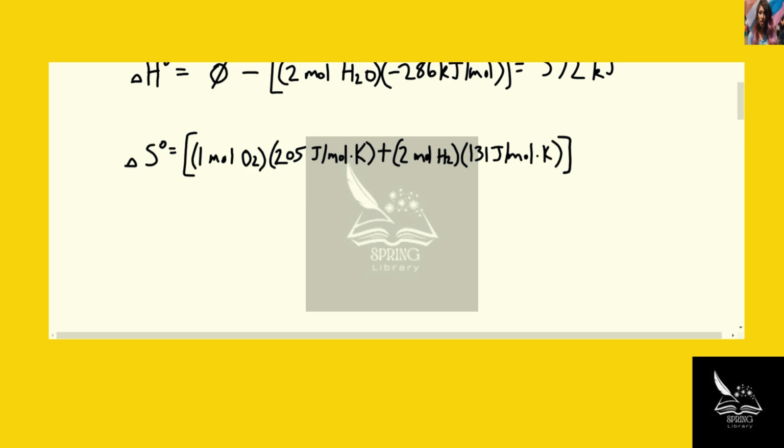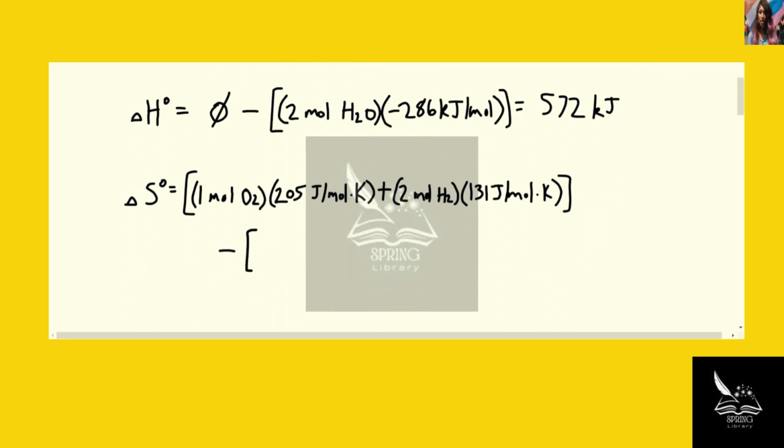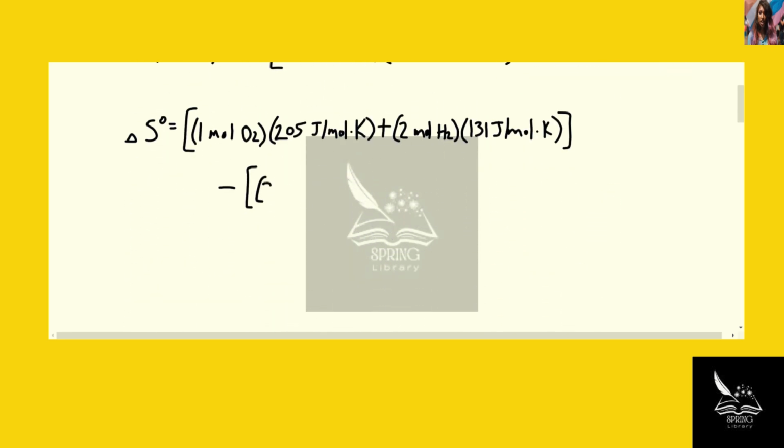So that's for the products, and then we subtract for the reactants. Again, that's 2 moles of liquid water. So 2 moles of H2O times the standard molar entropy for liquid water, which is 70 joules per mole times Kelvin.